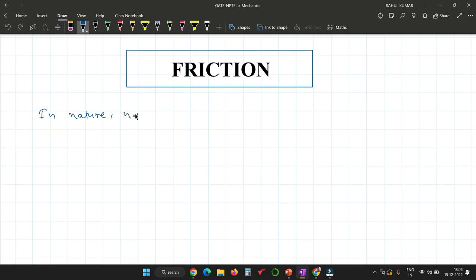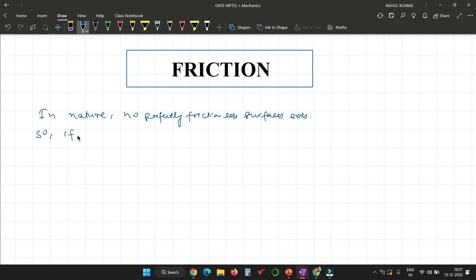In nature, no perfectly frictionless surfaces exist.